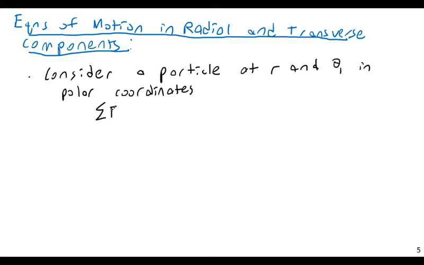So the summation of forces in the radial direction is equal to m times the acceleration in the radial direction, m a_r, and this will be equal to m times r double dot minus r theta dot squared. So for polar coordinates, the acceleration in the r direction is equal to r double dot minus r theta dot squared.